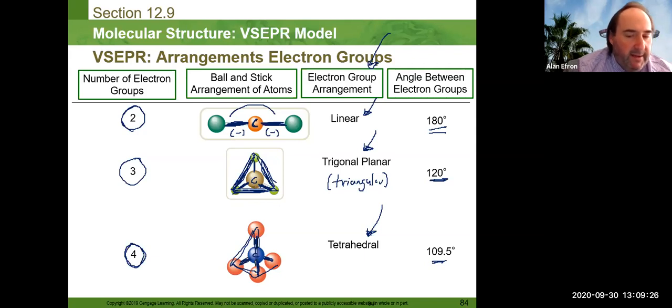So these 3 names are the electron pair geometry, or the electron group arrangement. I usually call it the electron pair geometry. And again, it doesn't matter if it's a single bond, double bond, or triple bond, everybody counts as 1 electron pair around the central atom. Any questions on that there?